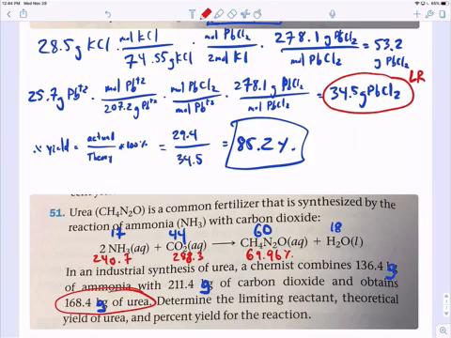Your actual yield is 168.4. But yeah, that was 168.4 over. Yeah. Looks like you get right.